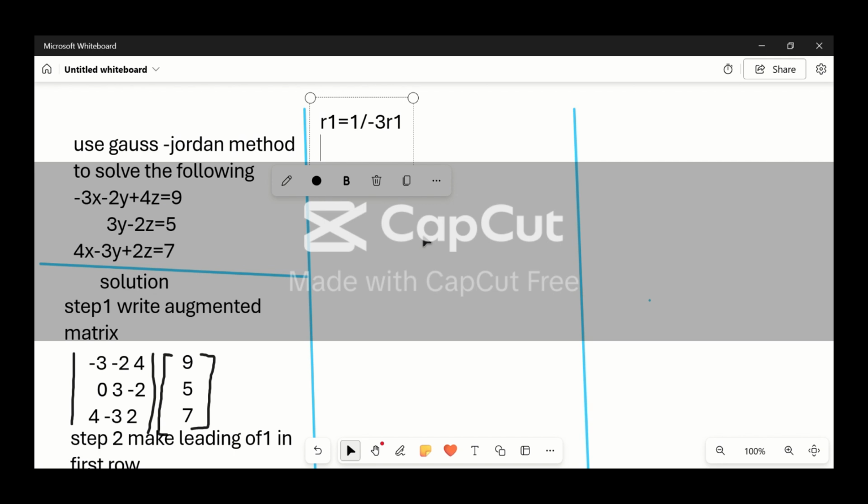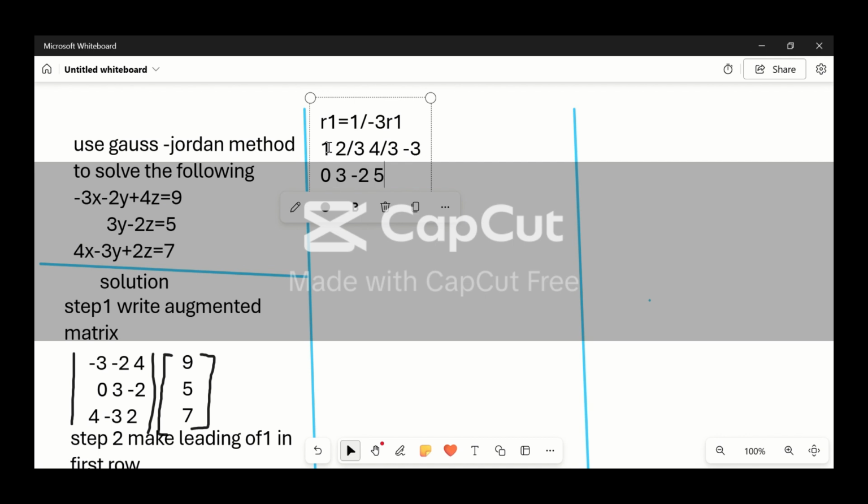So after doing this, you can write the updated matrix. The updated matrix will be 1, then 2 over 3, and we also have 4 over 3 here, and later on we have -3 as the part of A, B, C. Then the next row, which is 0, doesn't change: 0, 3, and -2 as it is.